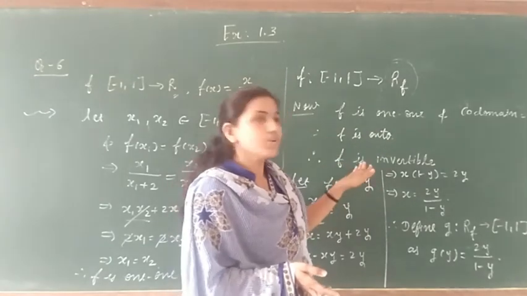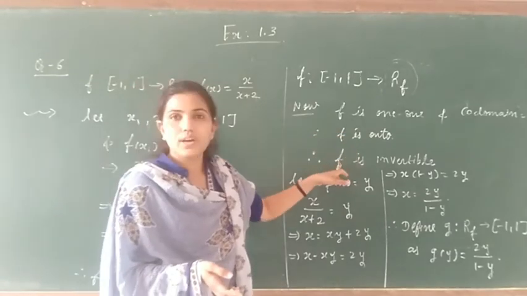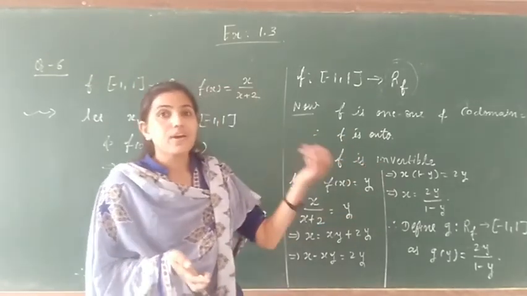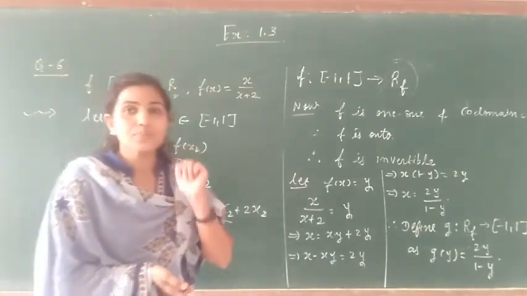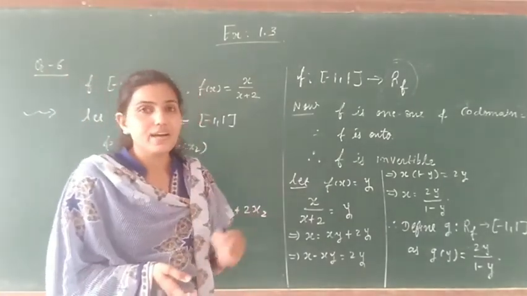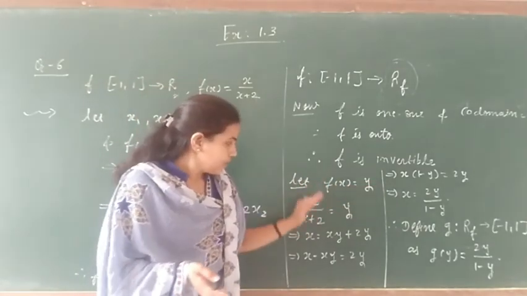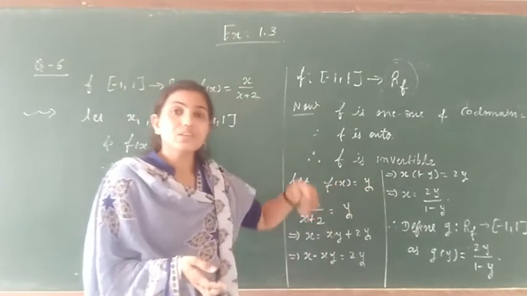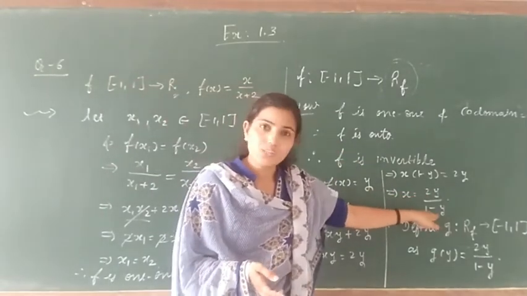Now as ontoness is proved, that means 1-1 and ontoness both are there, so f is invertible. Now as f is invertible, we have to find out the function g. So to find g, what do we do? Same procedure. Take f of x is equals to y, then convert x in terms of y. So what do we get for x? 2y upon 1 minus y.